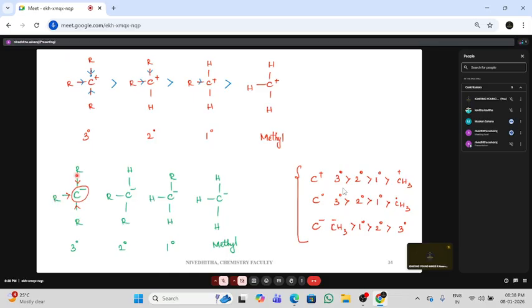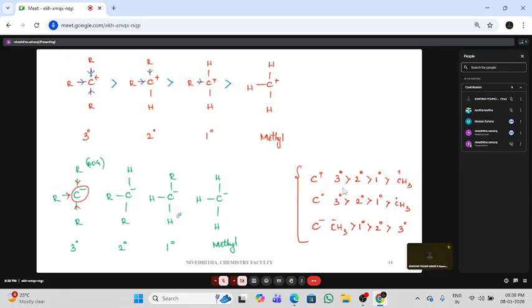What is the nature of the R group? They are electron donating groups. So what will this electron donating group do? It will push the electron. It will give electron.